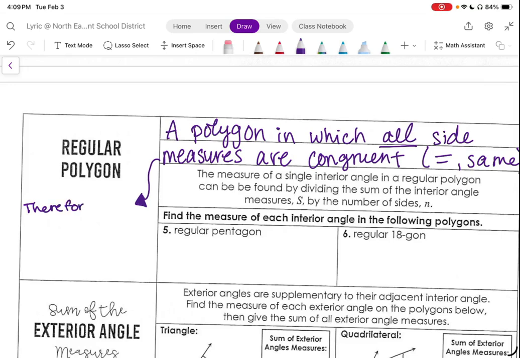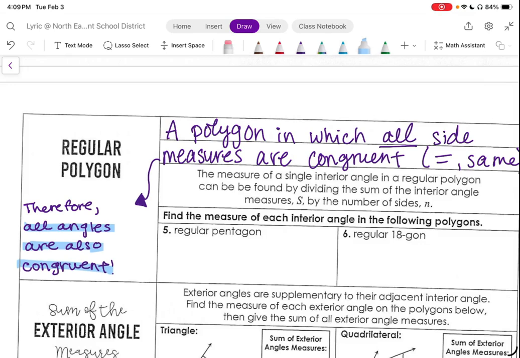Over here, we're going to say, therefore, all angles are also congruent. So if we have a regular polygon, which means all the sides are the same, then we know that all of the angles inside are also the same.